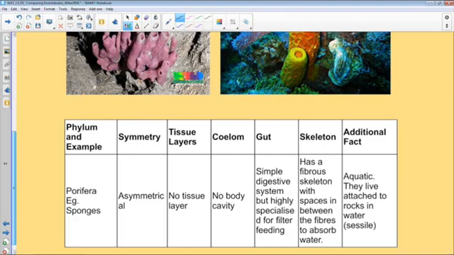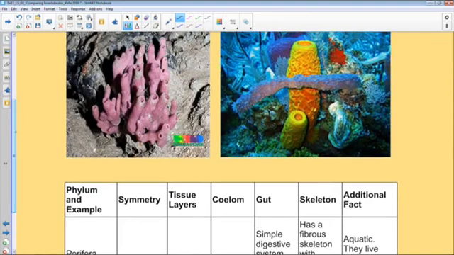Right, so the first group that we are looking at are your Porifera. An example of that is sponges. And guys, lots of you probably would have watched SpongeBob SquarePants, and when we refer to sponges, SpongeBob is part of the phylum Porifera, and we're referring to the examples of all sponges. So when we look at the symmetry, these are asymmetrical. If we go back to this diagram, guys, you can clearly see that if you were to divide any of these organisms along a plane, you'll find that it does not produce a line of symmetry.